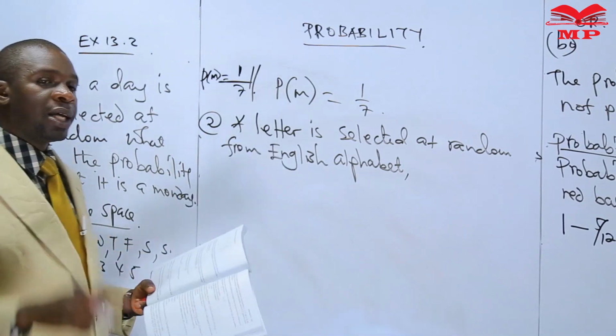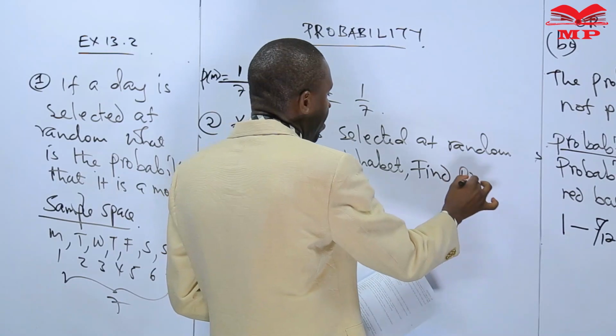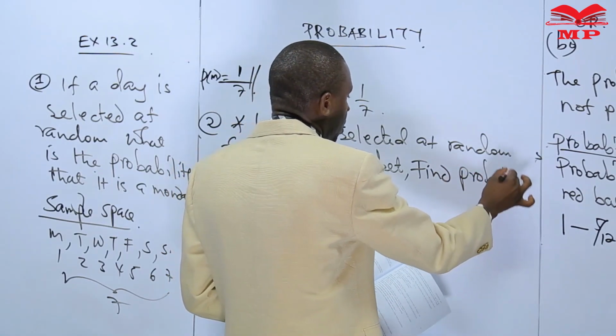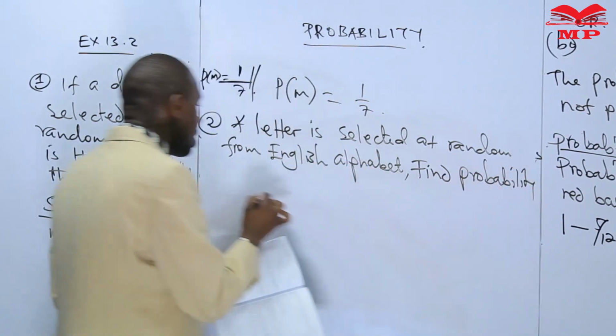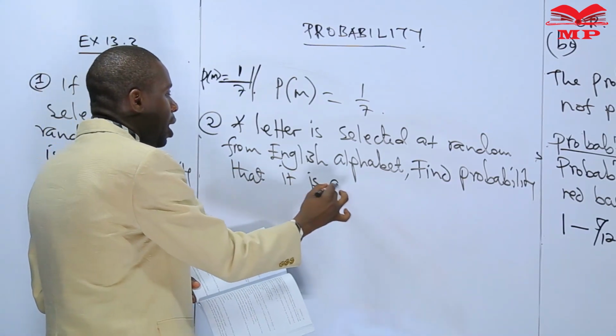Find the probability that it is a vowel.